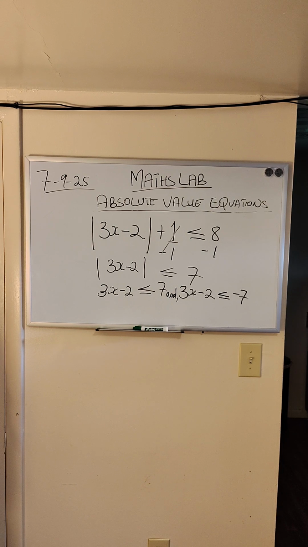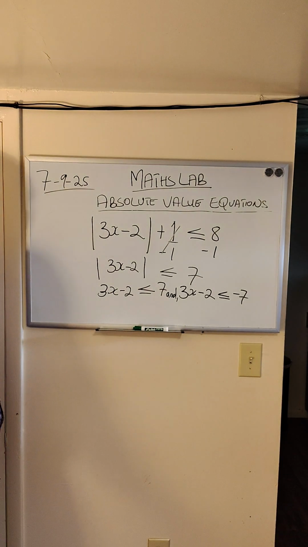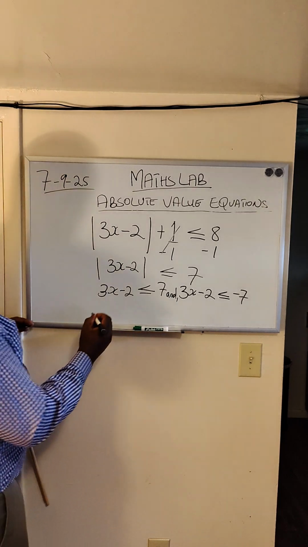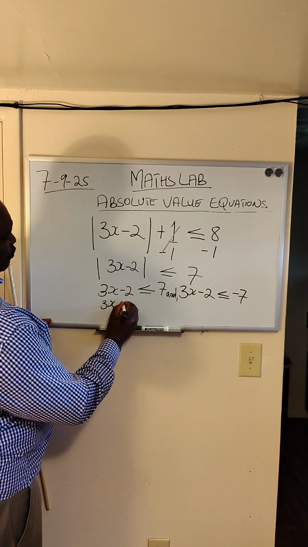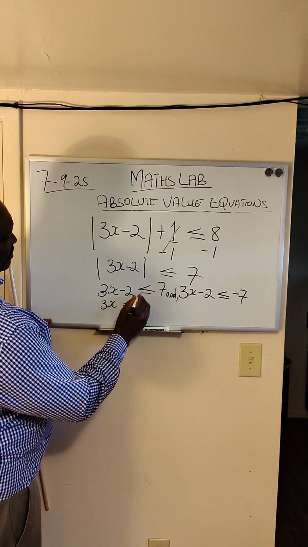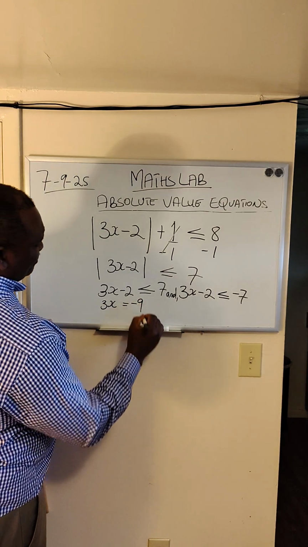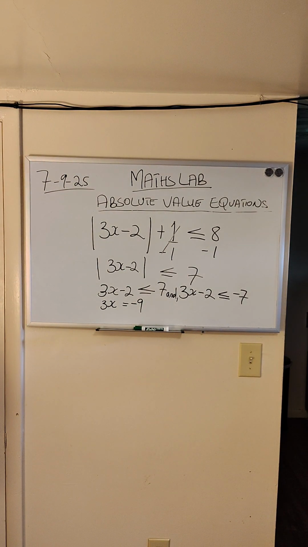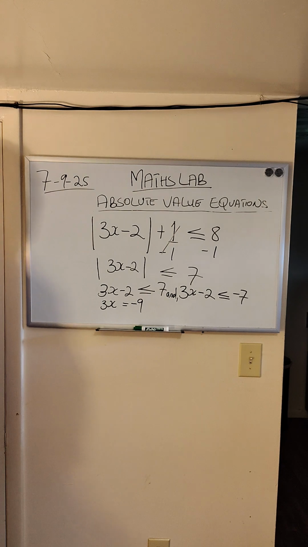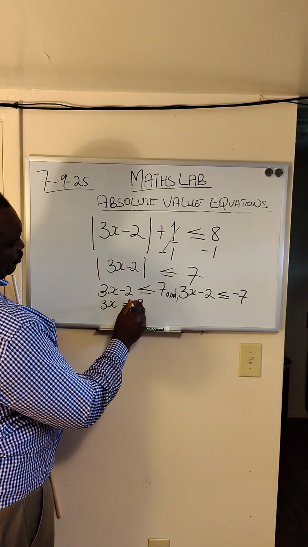So now this 3x right here is eventually going to equal 9, not negative, but 9 exactly.